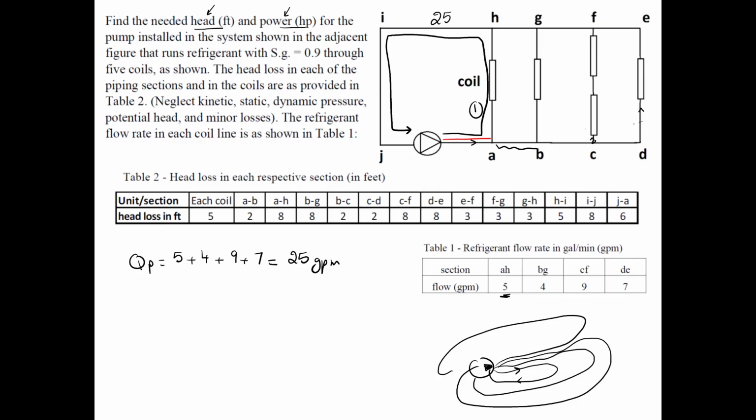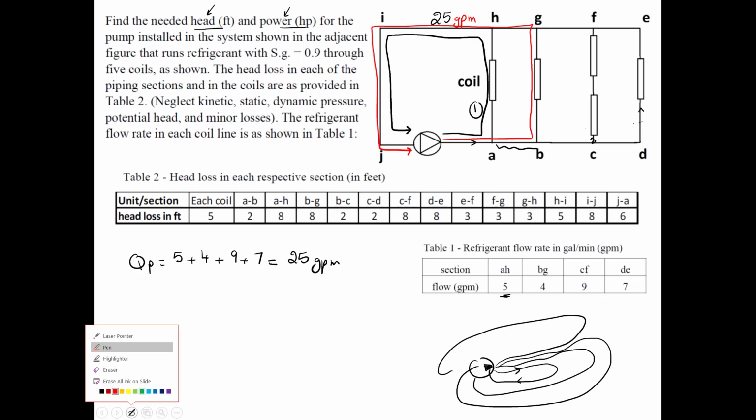So I'll start from the pump, go all the way to here, go up through the second coil, and then come back. And then we will calculate also the head in the third branch, which has 2 coils now.